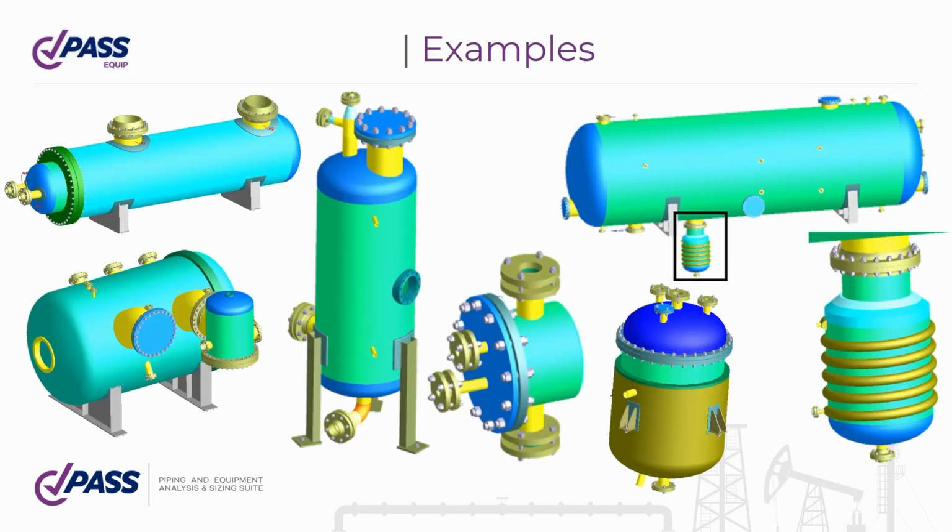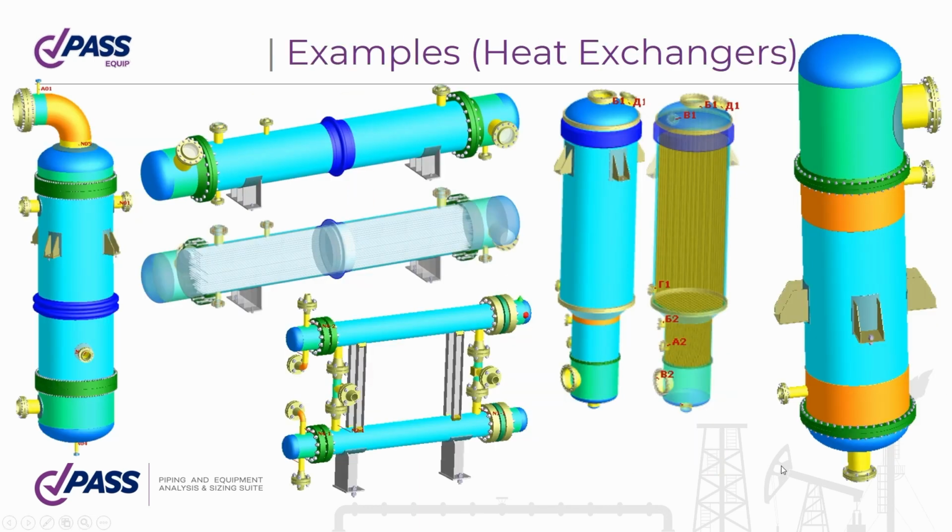Examples. On this slide, you can see various examples of vessels created in the PassEquip program. Horizontal vessels, vertical vessels, and vessels with heat exchanger elements. Examples of heat exchangers.